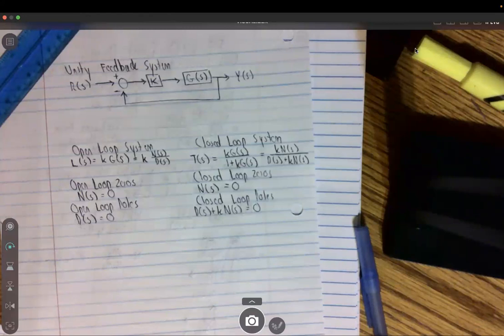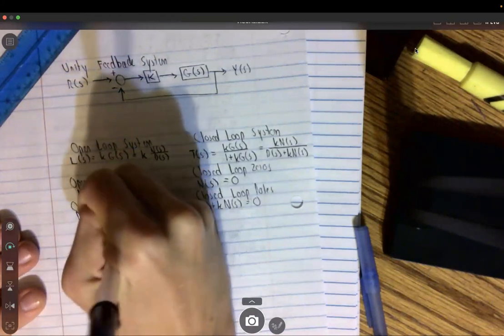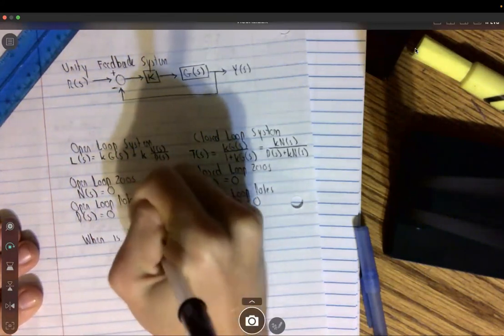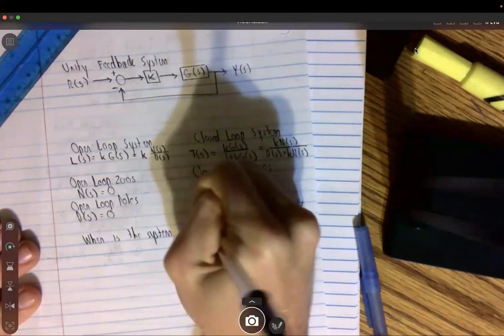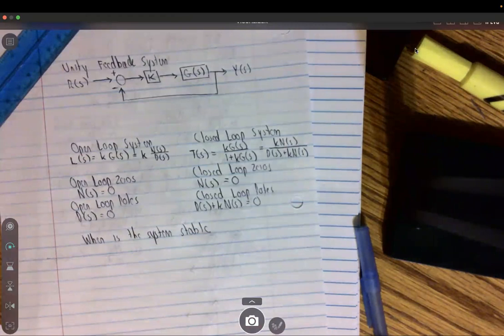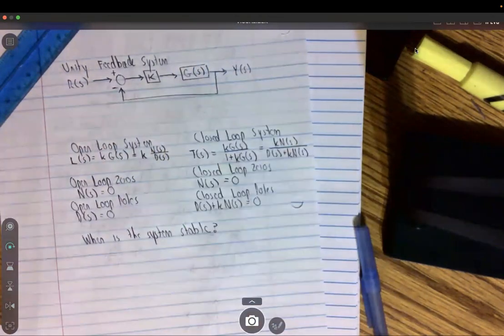And so now that we've seen that, basically, what we're going to have to determine is when is this system stable? And so what we oftentimes see when we deal with our closed loop systems, that's when we're interested in our stability for a closed loop system.